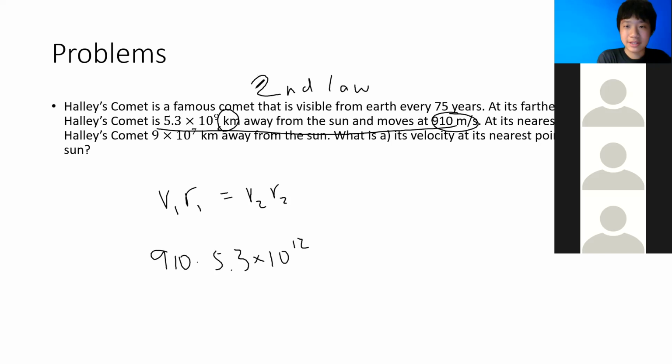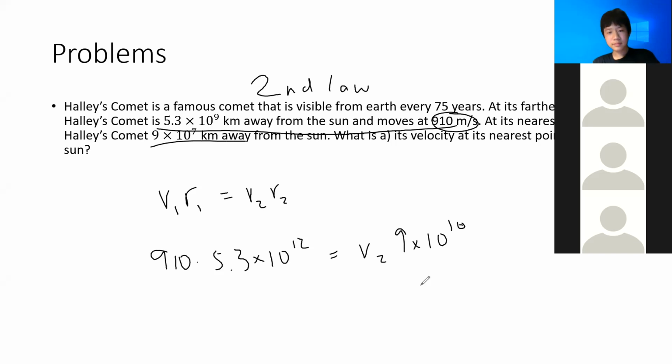As we can see here, this is kilometers, so to go from kilometers to meters we just multiply by 10 to the third. This is equal to v2, v at the nearest point. Let's label that, because that's what we're going to solve for. And at the nearest point, r2 is going to be 9 times 10 to the 10th meters away.